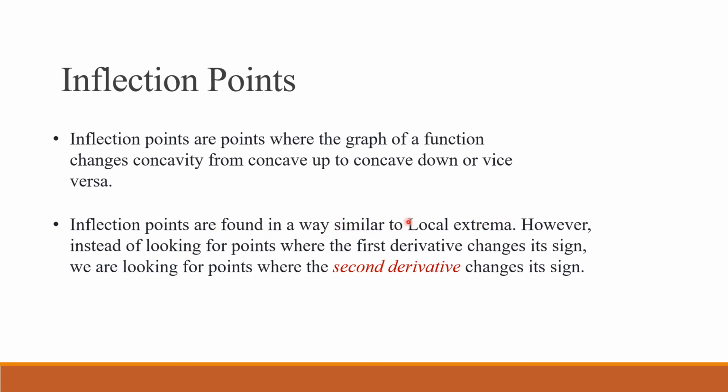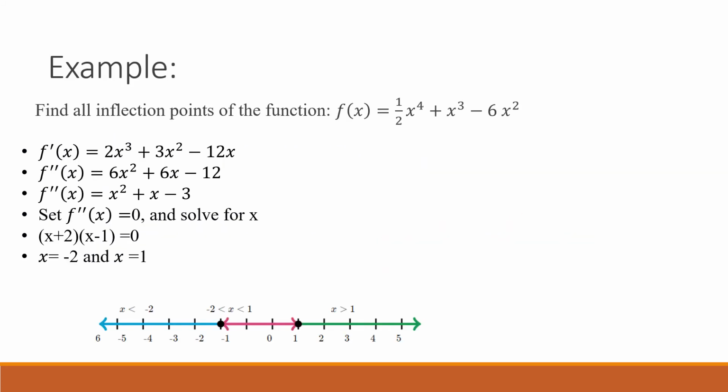Do you remember local extrema when we were finding if the function is increasing then decreasing or vice versa? I have an extrema. So also here, if the function is changing concavity from concave up to concave down or vice versa, then there is an inflection point. And there is also where I'm having a second derivative change in the sign.